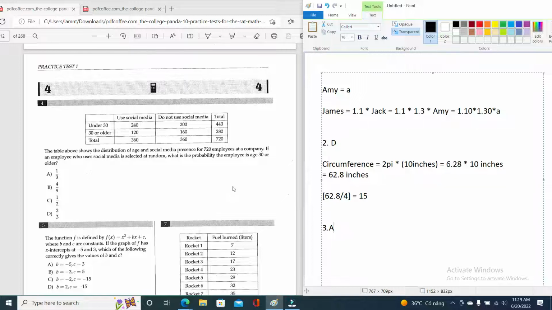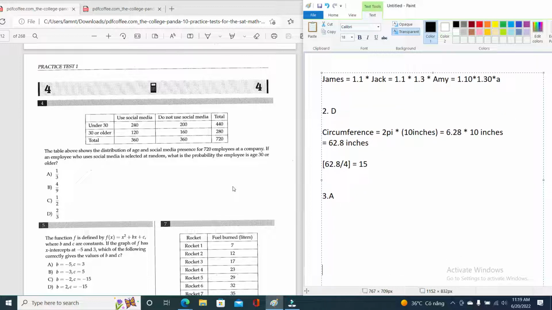Okay. So it's a probability question. Distribution of age and social media use among 720 employees of the company. An employee who uses social media is selected at random. Okay, so now we're only going to consider the portion of employees who use social media, because an employee who uses social media is selected at random.